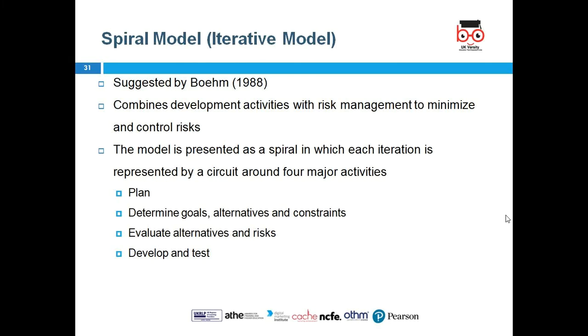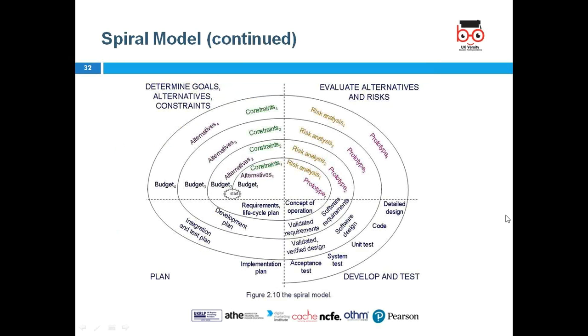That's why the iterative one helps you to work on the iterations, and Boehm's spiral model is one of the iterative models, and it works in this kind of spiral.